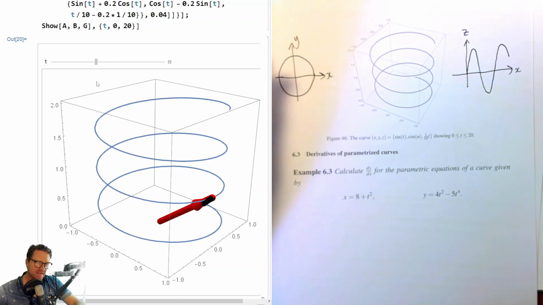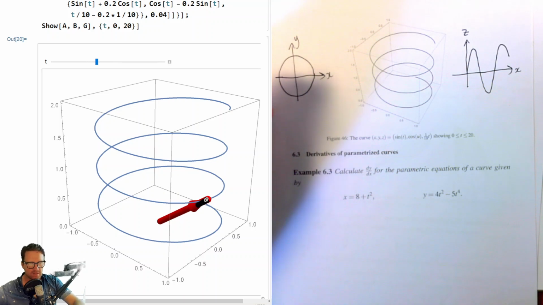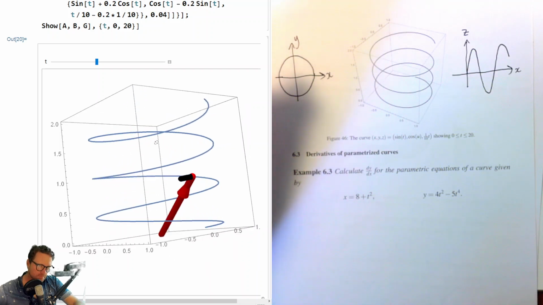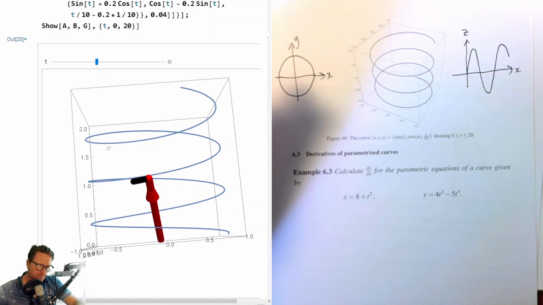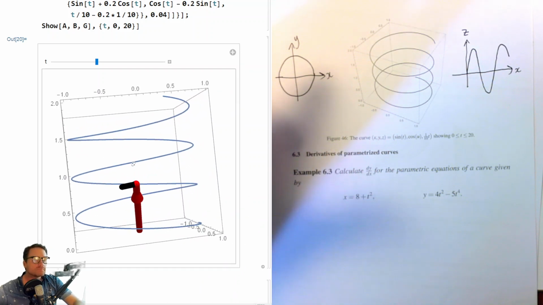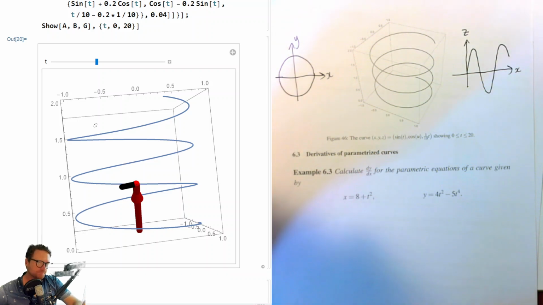So it is tangent to the curve at that point where the arrow ends. It doesn't quite look like it, but I've designed it so it's supposed to be anyway.